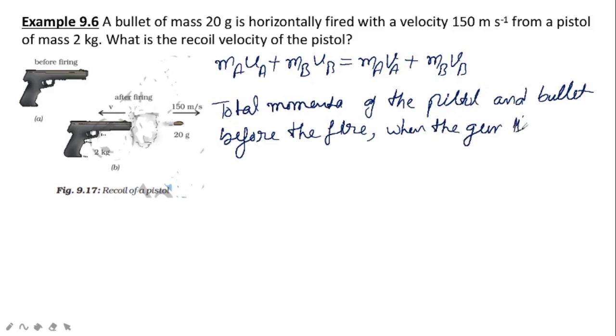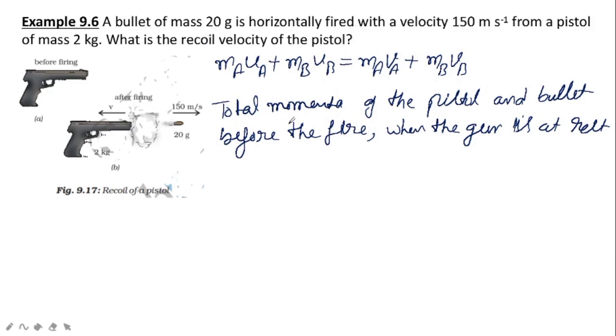If you look at this sentence, which part will you select, before firing or after firing? Obviously we will select before firing. That means this is before collision or before firing.